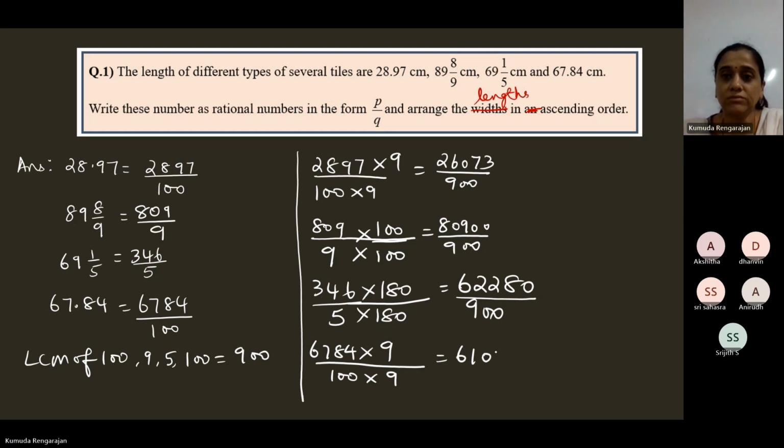How 0? 4 9s are 36, no? Let me find the product and then take your answer.